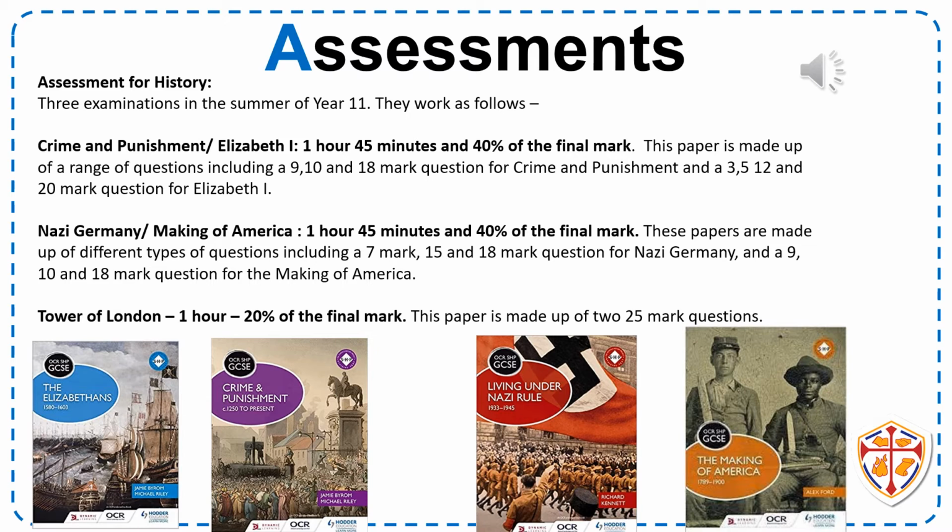And an 18 mark question is the same as it is in the Crime and Punishment paper. So you have a range of questions. The skills begin to overlap as you go through the course, and you will develop your essay writing skills, your ability to pick out key bits of information, and your ability to analyse sources and interpretations.